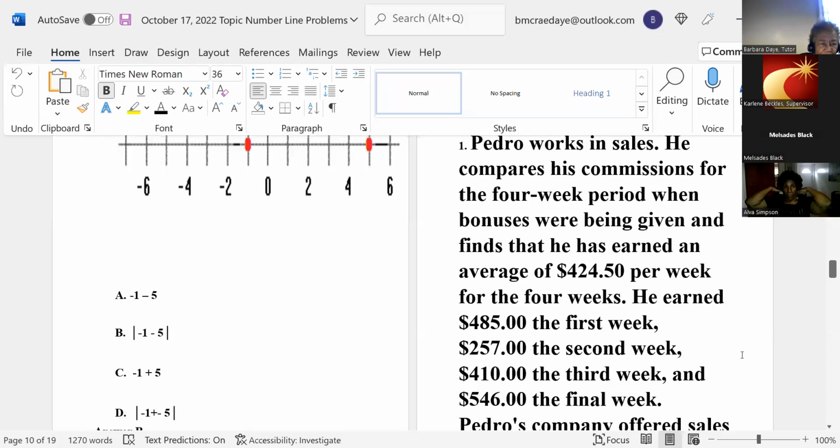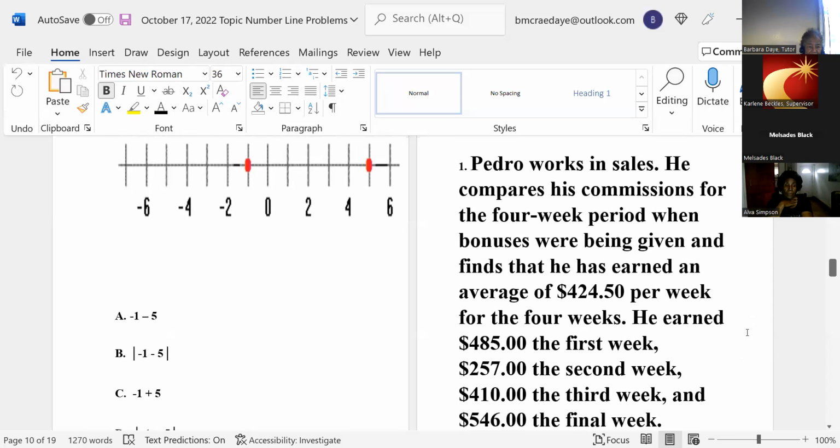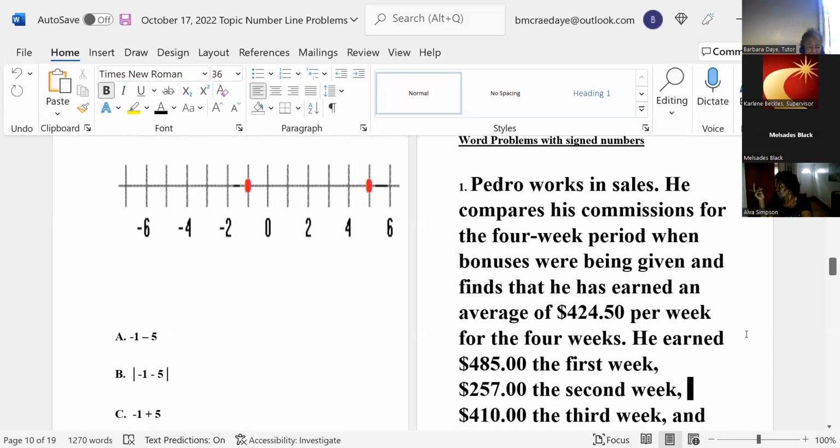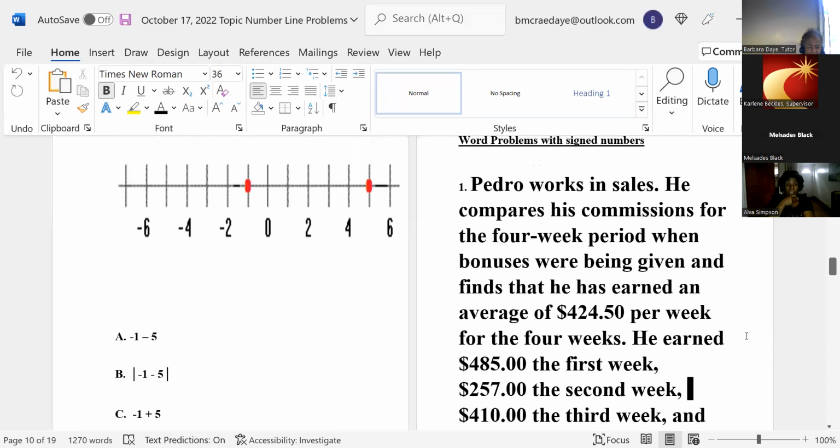Can you see it now? No, mine is still the same. I had it at 20 and I went up to 36.